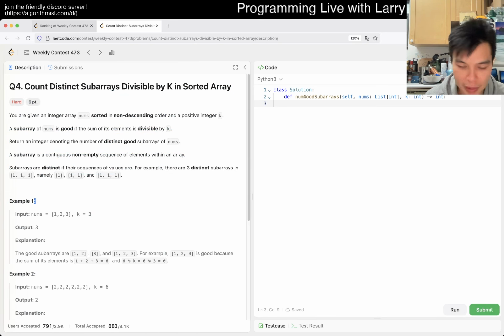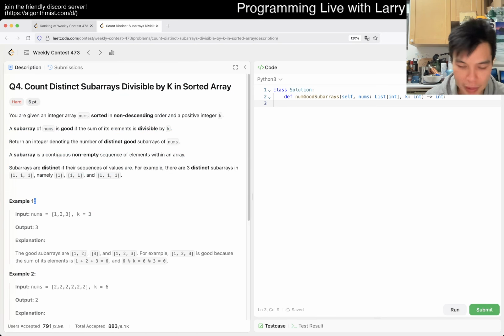So if the subarray is sorted, it also means that the length is unique, because, well, we just have to hash on the thing.